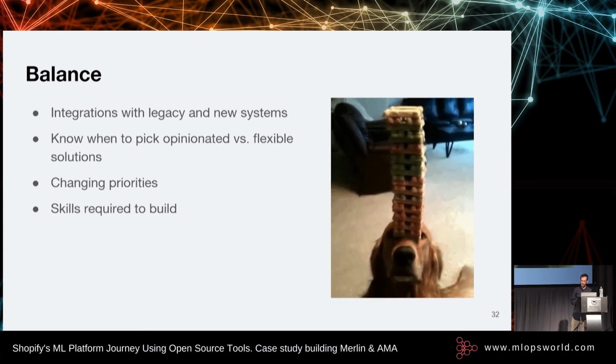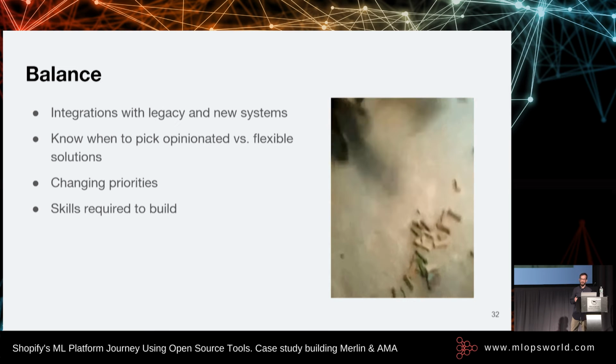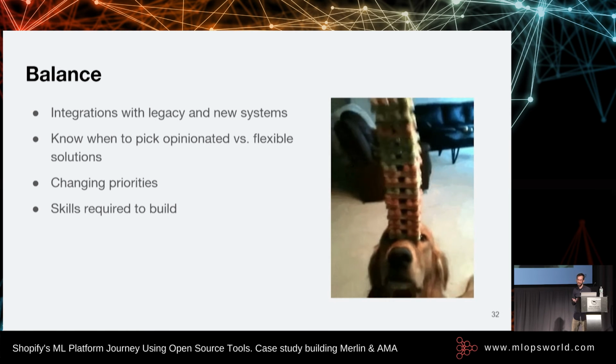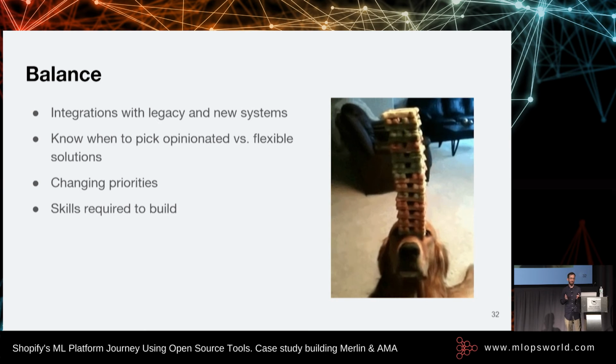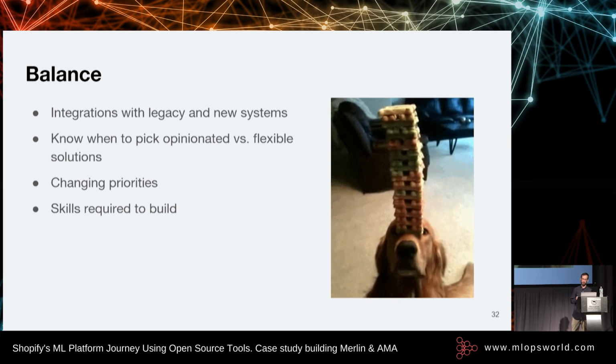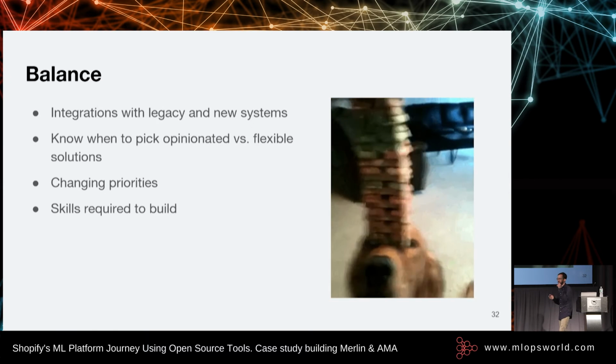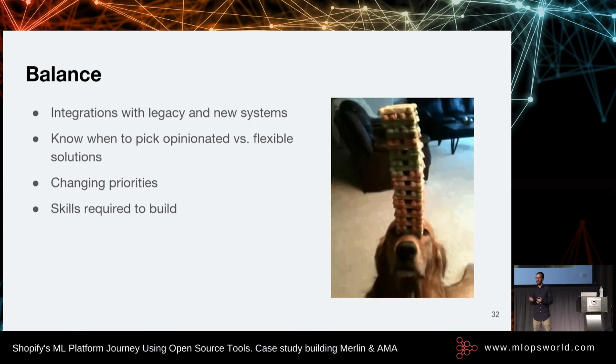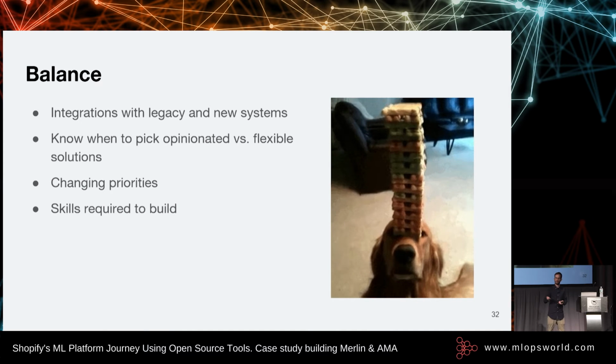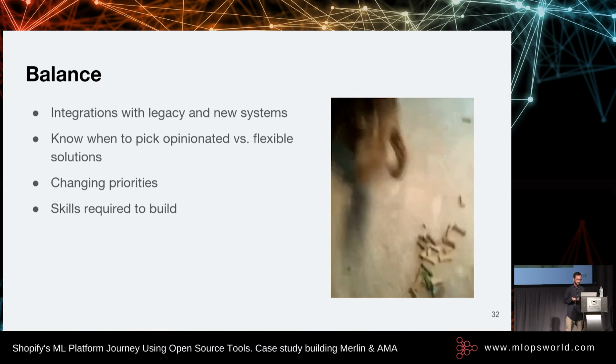Building a machine learning platform can take a while. During that time, there are org priorities that may change, and different use cases or requirements might become more important. It's good to keep a good buffer for these changes. Last year, at some point, they introduced the new M1 laptops at Shopify, and so we had to make sure that all of our tools can support the M1s, so our users can actually start using it.